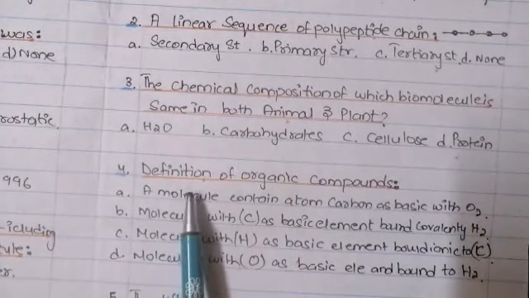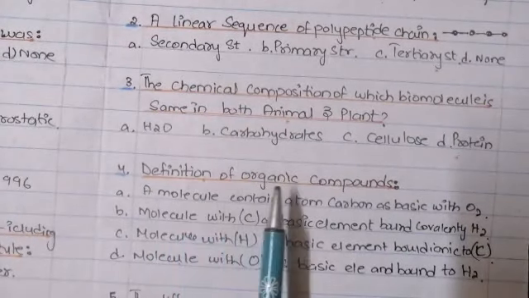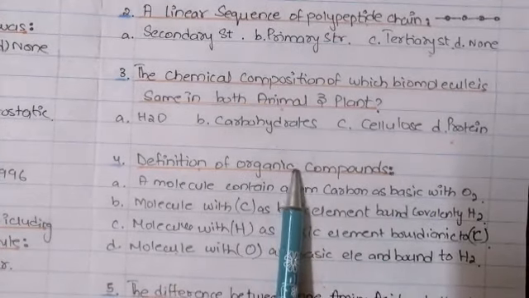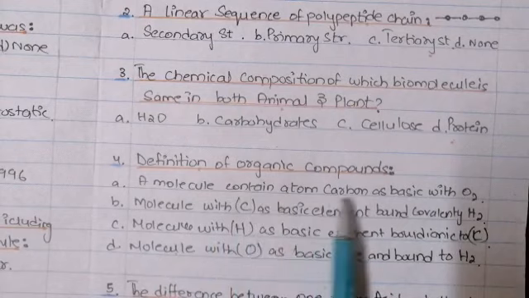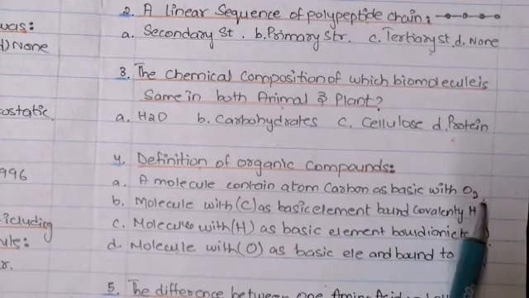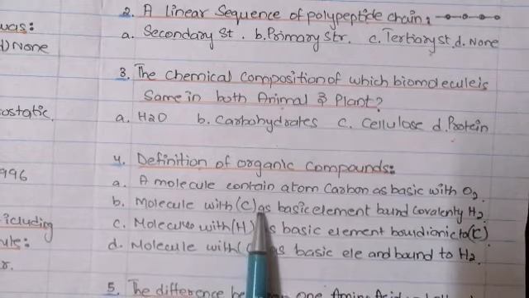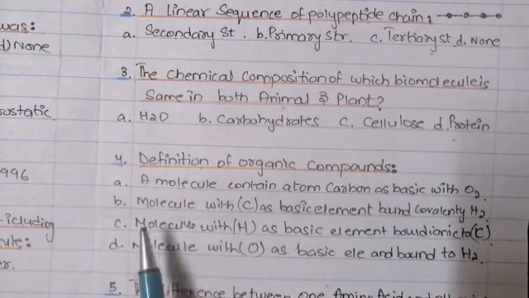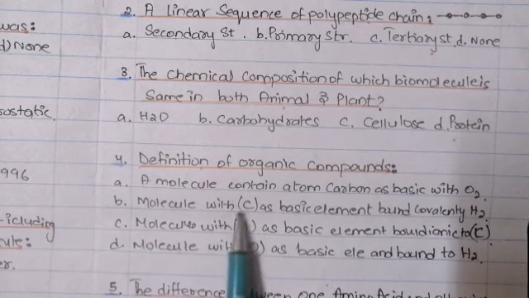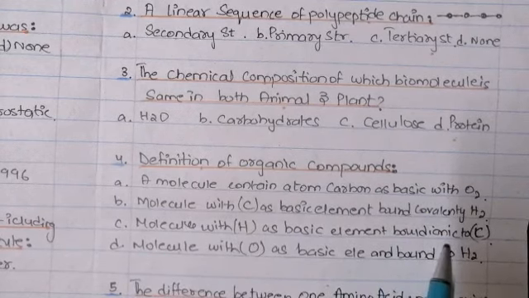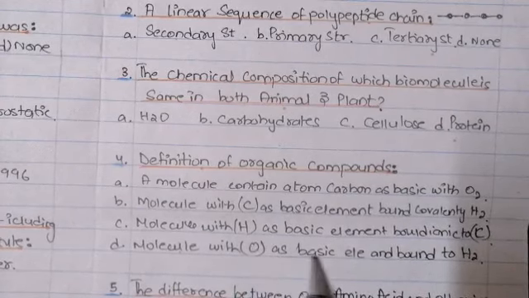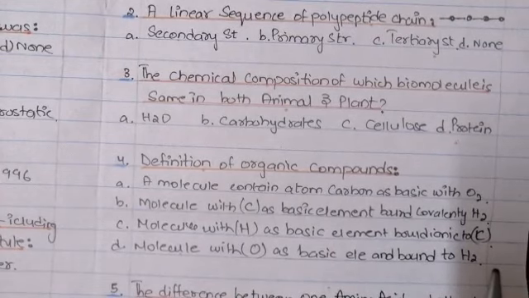Question number 4 says the definition of the organic compound. Organic compounds, as you all know, are related with the carbon atom. So they are asking the definition. Option A says a molecule contains the atom of carbon as a basic element with oxygen atom. B says the molecule with carbon as a basic element bonded covalently with hydrogen. Option C says the molecule with hydrogen as a basic element bonded ionically with carbon. And option D says the molecule with oxygen as a basic element bonded to hydrogen.